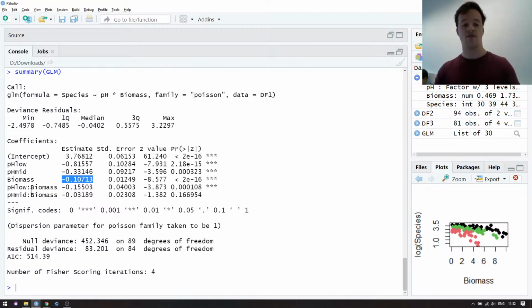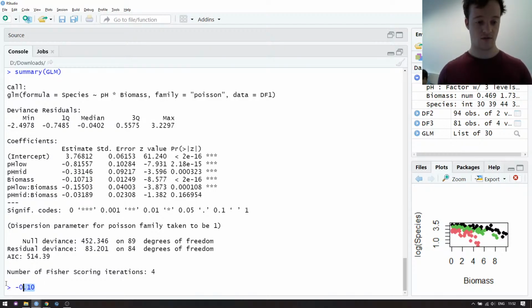But then it says if you are actually pH low, then the slope of biomass is 0.15 lower than this slope. So the actual slope for pH low is 0.10 whatever. Let me just copy that.